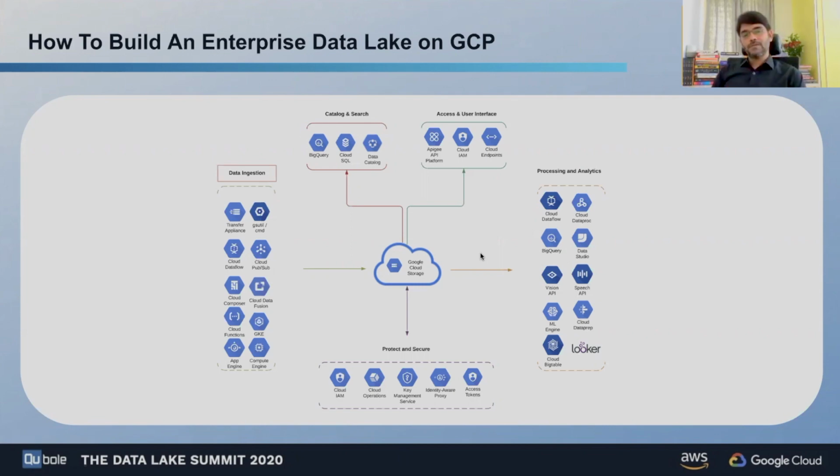So we'll start with the data ingestion part here. You see the Transfer Appliance and gsutil. If you have large amounts of data, multiple petabytes, it would be difficult for you to ingest this via the internet. So there are options for you to speed up this ingestion. You could connect your on-prem data center with Google Cloud's VPC, for example, using Interconnect, which is kind of like point-to-point connectivity.